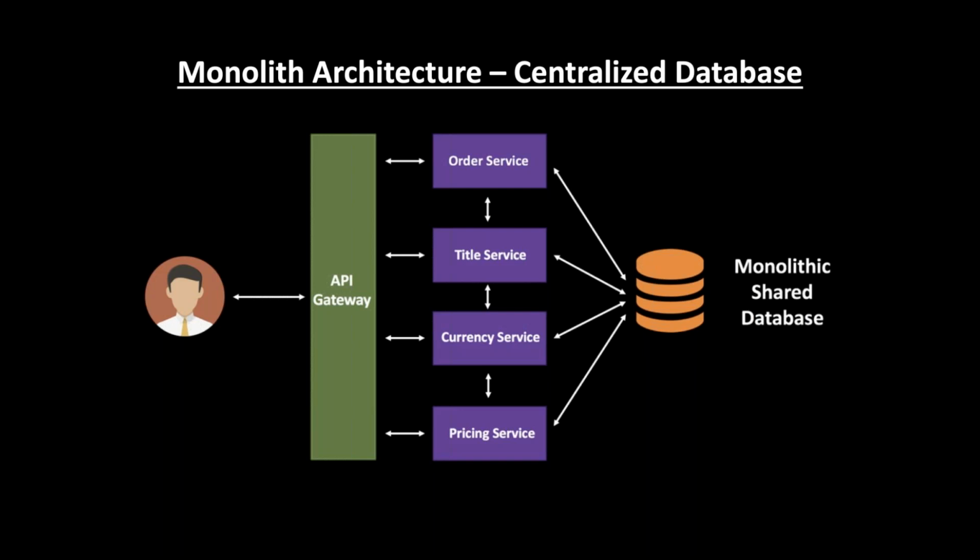This tells us one thing: in this journey from monolith to microservices, the most difficult part is to break down the monolithic database. It's maybe easy to break down the code level, but breaking down the database requires a bigger effort. However, such an architecture with a centralized database has its own issues as well.